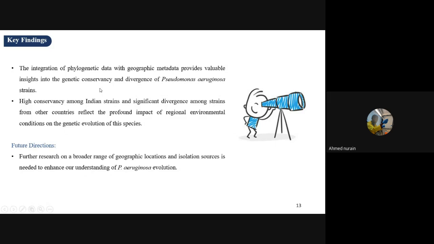So for future directions, further research on a broader range of geographic locations and isolation sources is needed to enhance our understanding of Pseudomonas aeruginosa's evolution.